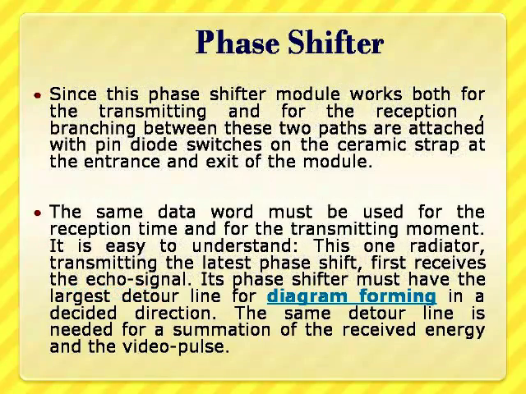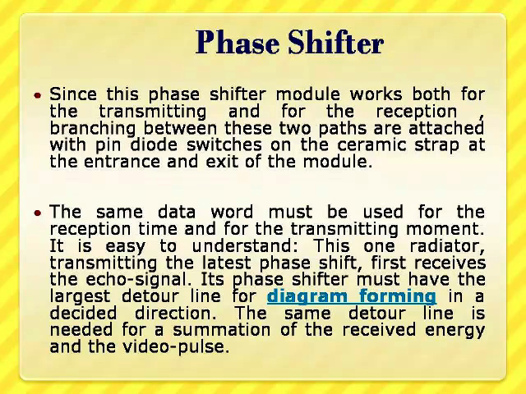Since this phase shifter module works both for the transmitting and for the reception, branching between these two paths are attached with PIN diode switches on the ceramic strap at the entrance and exit of the module. Please try to understand that we need these phase shifts only for the transmitted signal. We don't need this for the received signal.